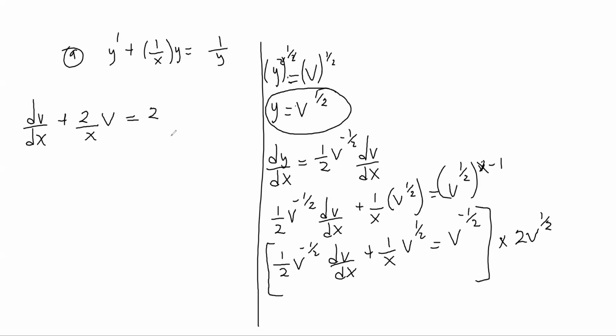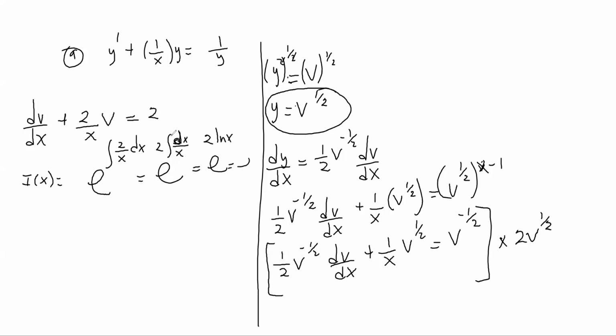So this is the power of the Bernoulli equation. What I'm going to do is consider my f of x, e raised to the integral of 2 over x times dx. If I put the 2 out, the integral of dx over x, this will be equal to e raised to 2 times the integral of dx over x, which is the ln of x.